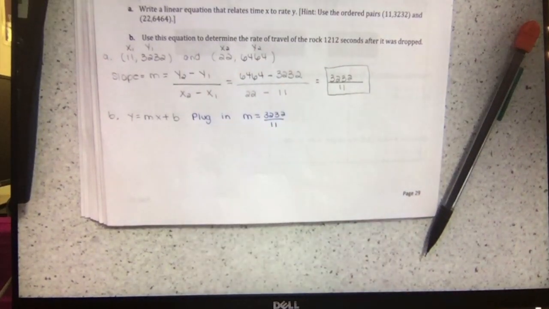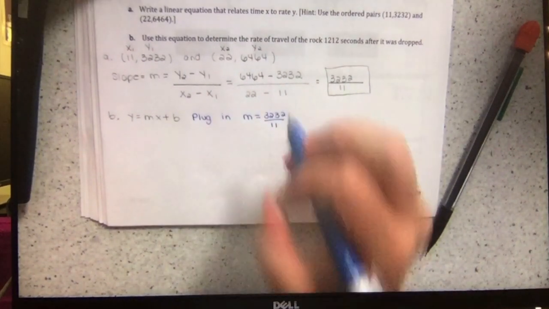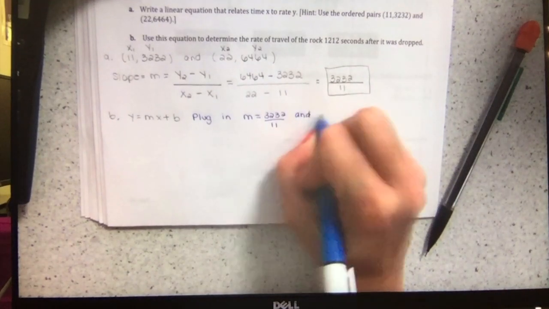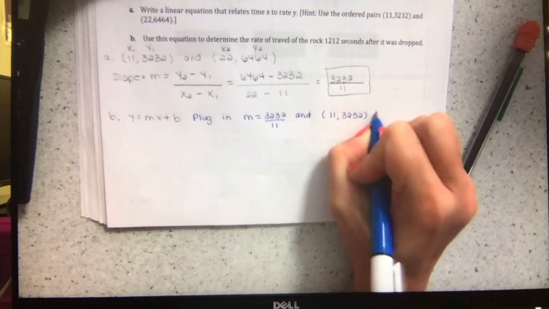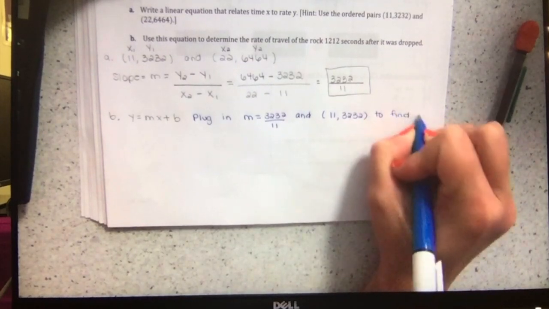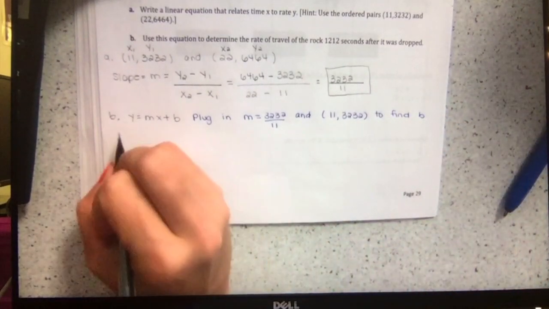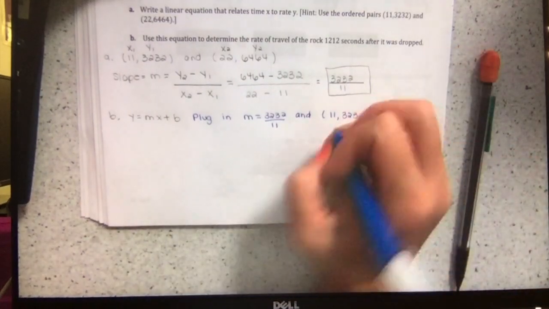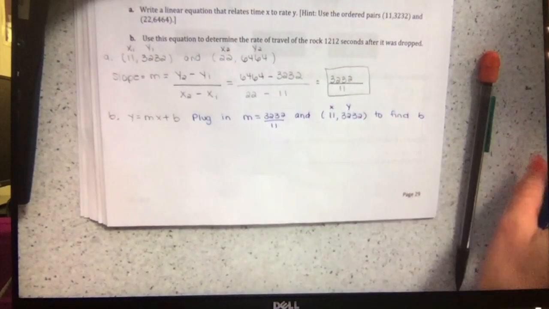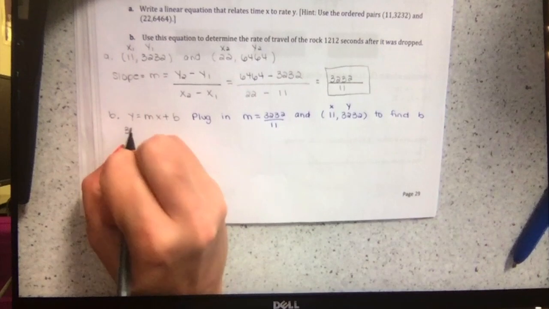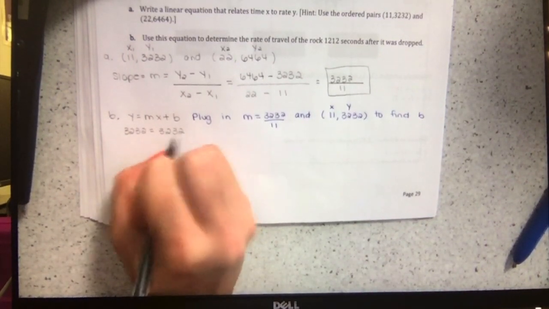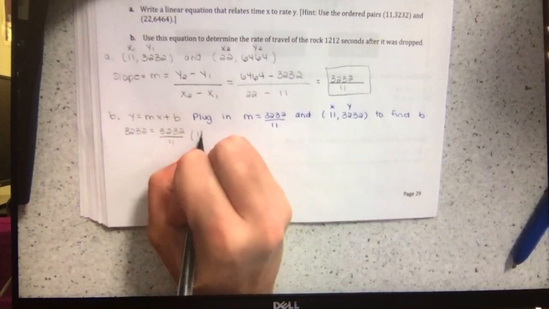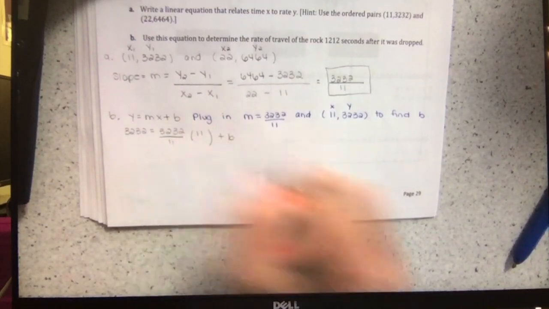Plugging in our slope, which is 32 over 11, and either point, let's plug in the first one, it looks easier. So 11, 32 to find b. So this is x and y, by the way. x is 11, y is 32. So 32 equals m, which is 32 over 11, times x, which is 11, plus b.